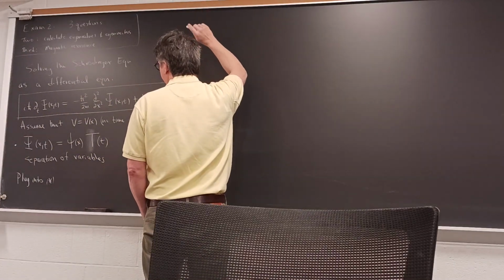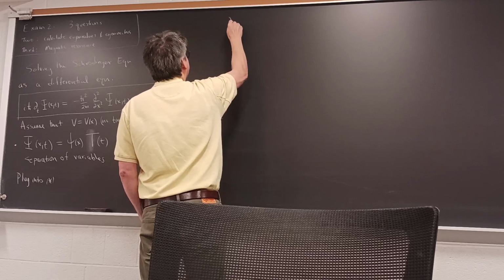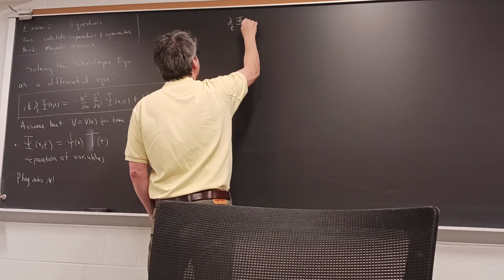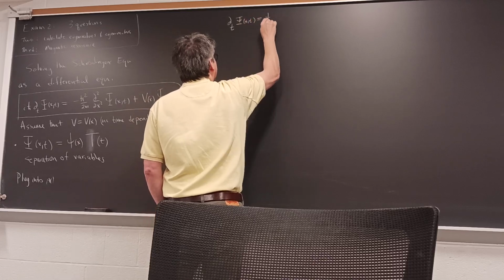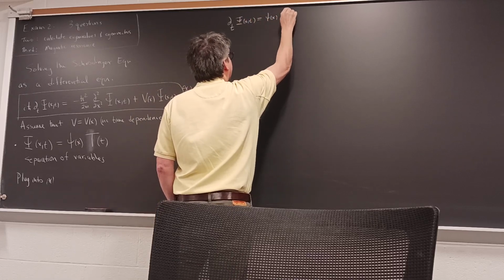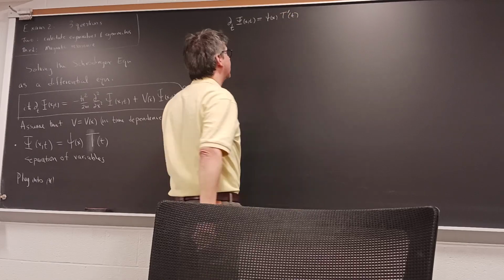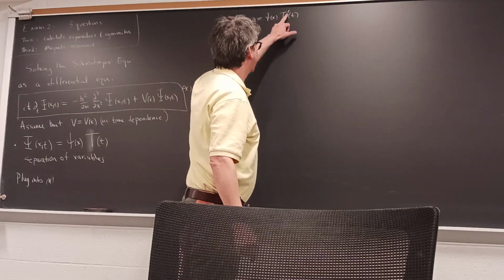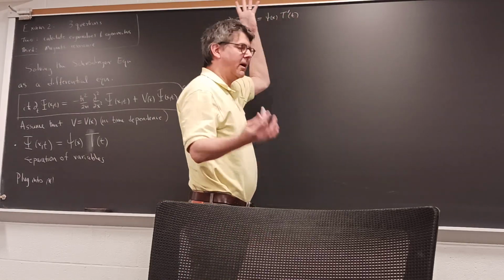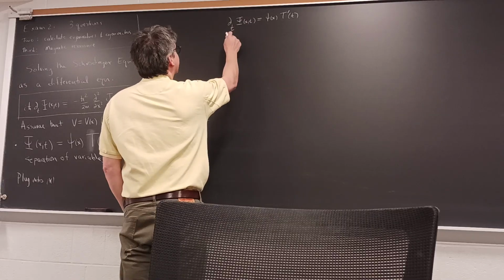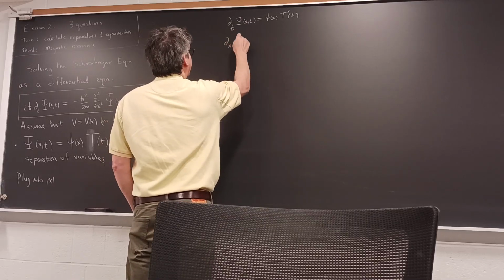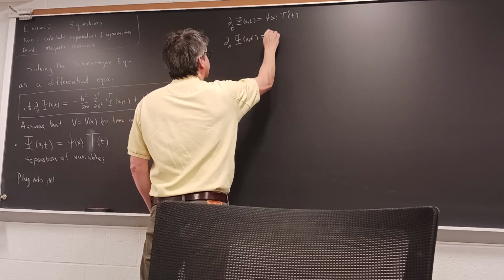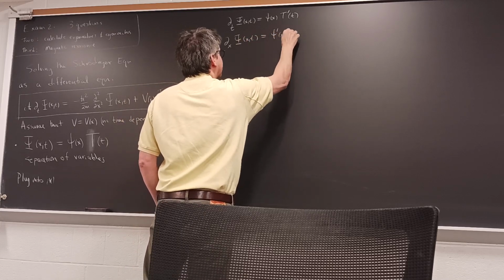First, though, let's note that the partial derivative with respect to t of capital Psi is just little psi of x times capital T prime of t, where the prime here denotes the derivative. Since T is only a function of time, it's got to be the time derivative. And the partial derivative with respect to x is just psi prime of x times T of t.